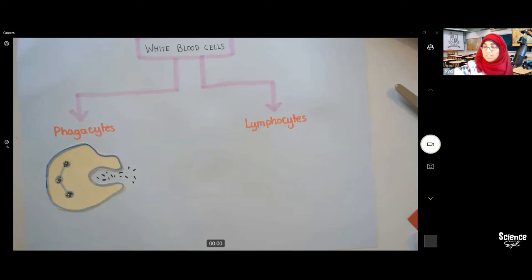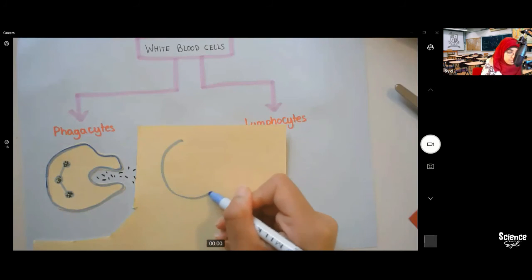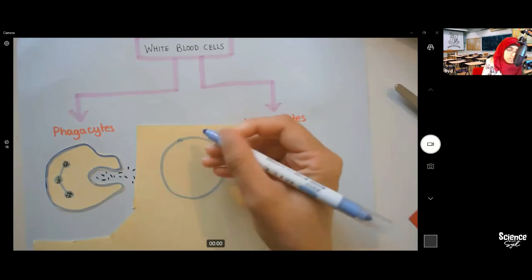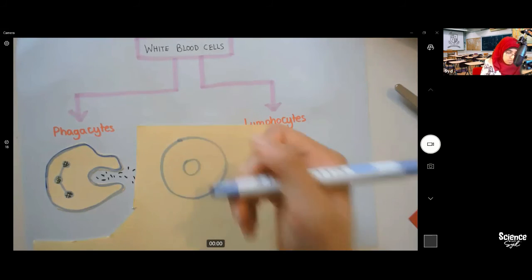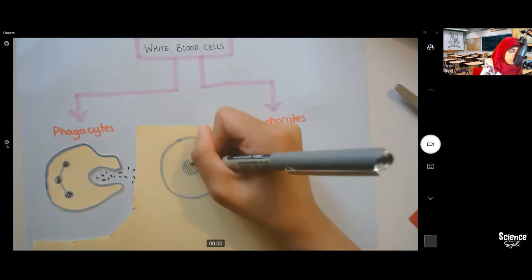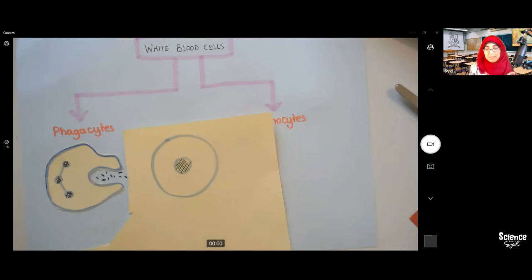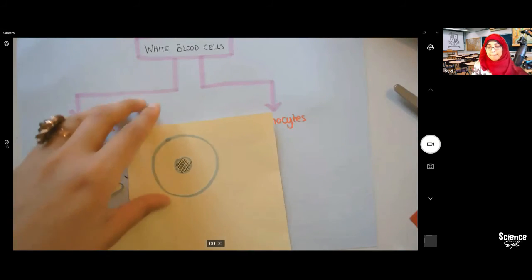So let me draw first of all what we're going to have. We're going to have a lymphocyte that's going to look like an animal cell. So we have something like this, and inside here you've got its nucleus. And again, you get lots of different types, and you can do a quick search and find out lots of different types there.